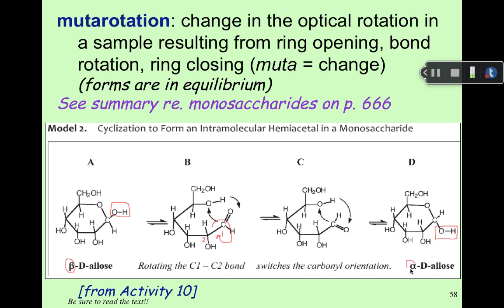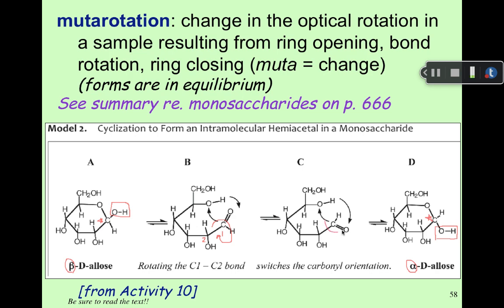And this idea of mutarotation means that whenever you have the hemiacetal present, the hemiacetal carbon marked with a little star, that hemiacetal carbon being present means it's going to be in equilibrium with two open chain forms, the open chain forms with either the carbonyl pointing up or down.